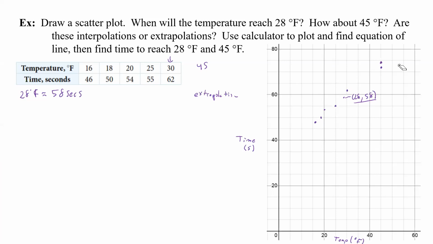So let's say that that's our example. And so where does that land? Well, here's 70, and here's 74 maybe. So at 45 degrees Fahrenheit, that's approximately 74 seconds. Who knows if we're even in the right ballpark there, but that's what we're going to say is the case. And it could even still be a little low. It's hard to say.